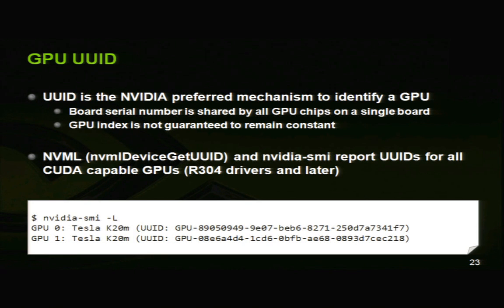So you can use this UUID in order to identify specific GPUs. Also, nvidia-smi -L gives you the UUID of the GPUs.